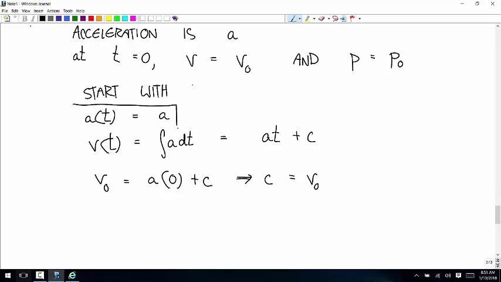And so we have this function. So this is the acceleration function that we're starting with. The velocity function is equal to, I'm going to reorder it because people usually do, but now we know that it's equal to v sub 0 plus at. Acceleration is a everywhere because this is constant acceleration.